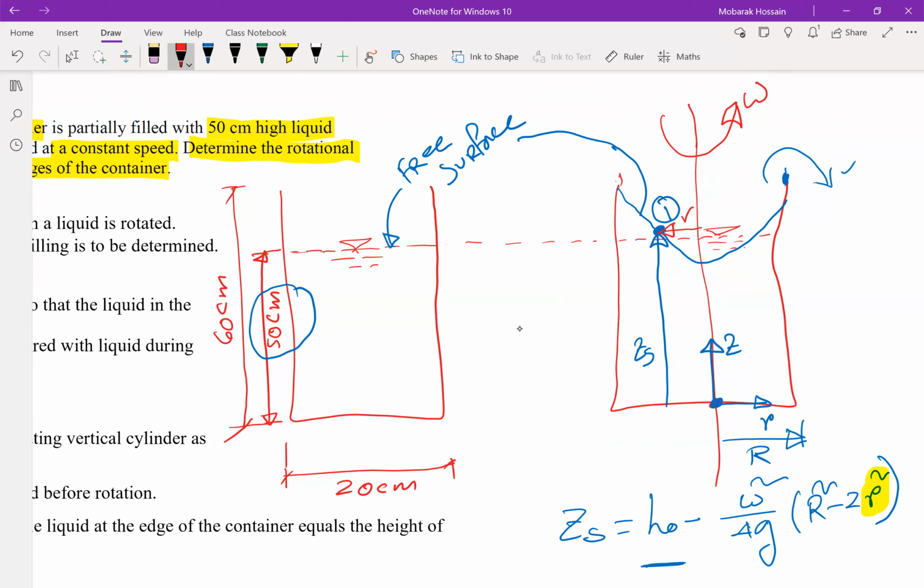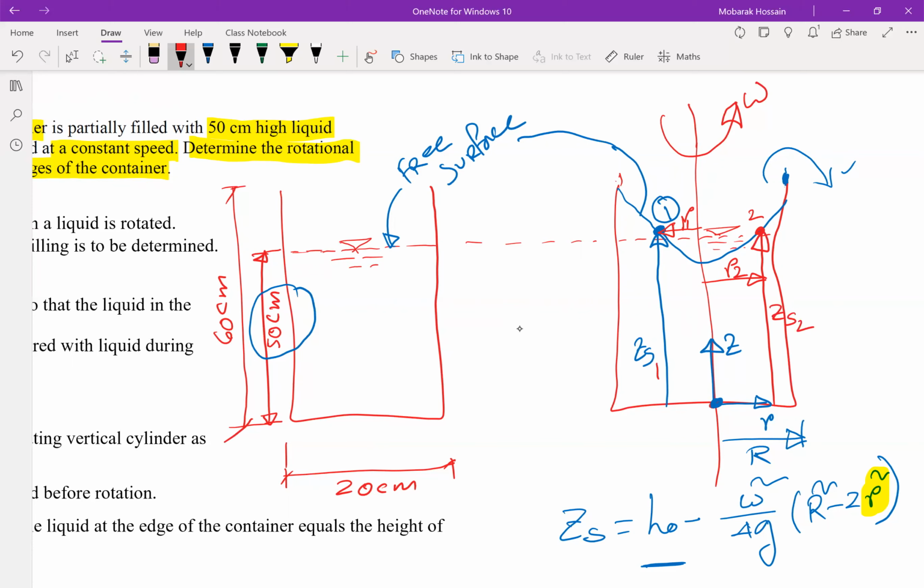For point 2, your r will be this distance. Then if you use this distance in your formula, we get the zs for point 2.